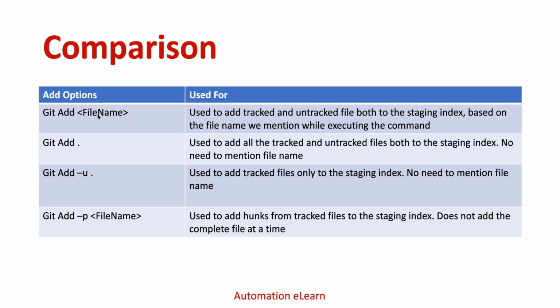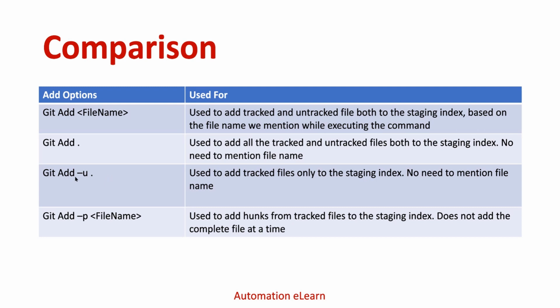Whatever file name you mention, it will move to the staging index. Another option that we saw is git add dot. It is used to add all the tracked and untracked files both to the staging index. No need to mention the file name. Using dot, it will add all the files, whether tracked or untracked, to the staging index.